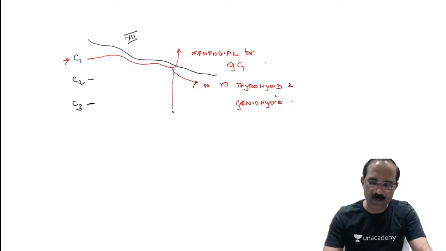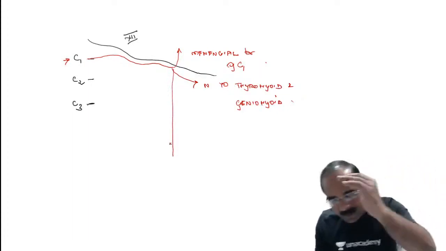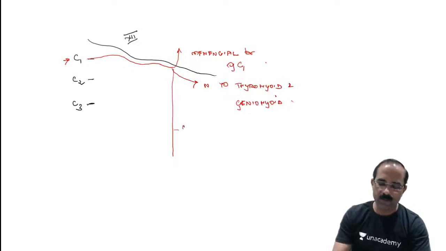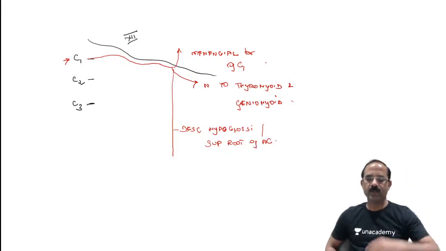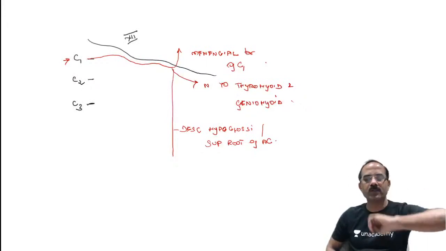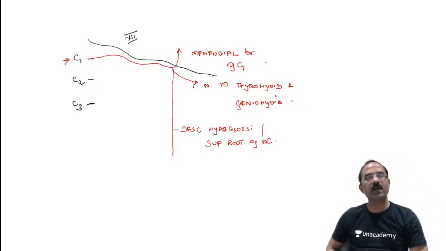And the third branch is descending down from the hypoglossal nerve, and this is what we call as the descending hypoglossi, or the superior root of Ansa cervicalis.